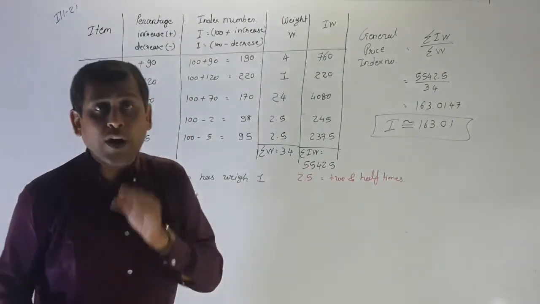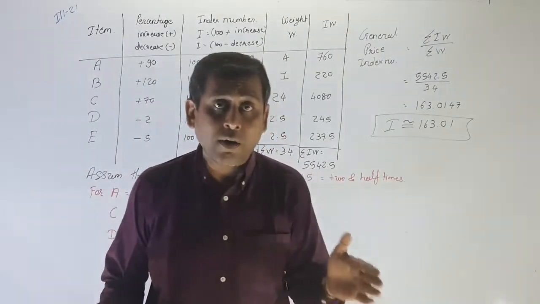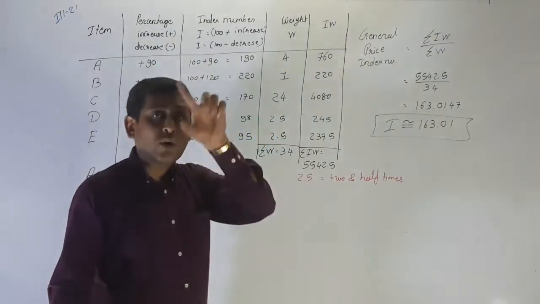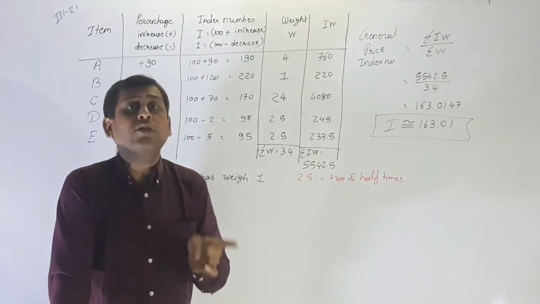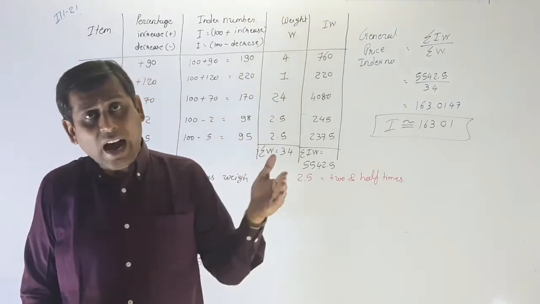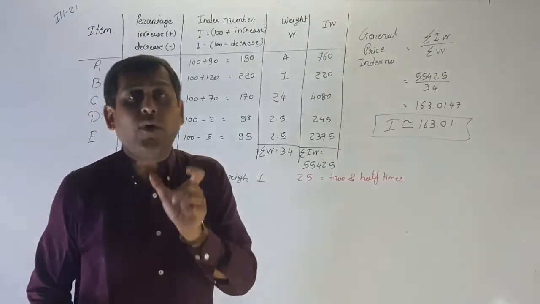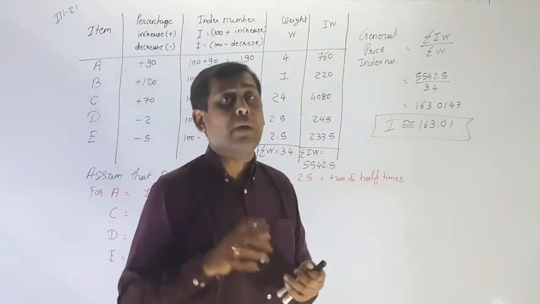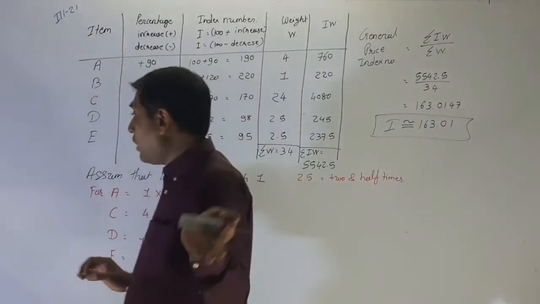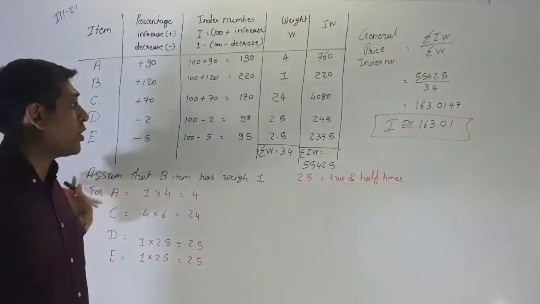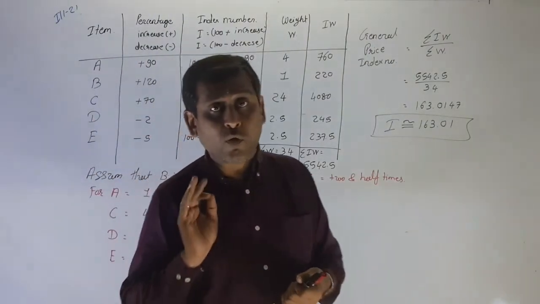Then the weight and the index number of the other 4 items are given, and we have to find the cost of living index number of a worker. Since I is given as well as W, the weight, we can find the cost of living index number by the family budget method. In the previous question, illustration number 21, there is no specification regarding which method we have to use.